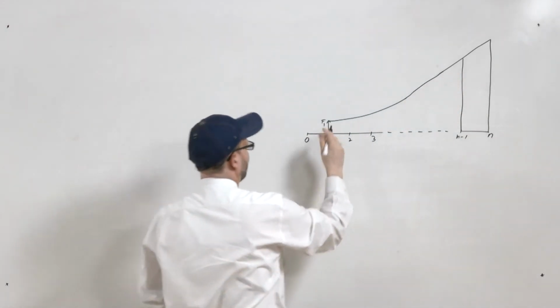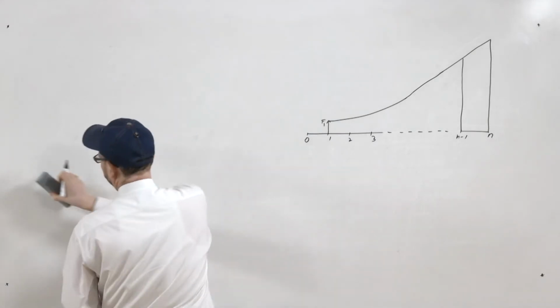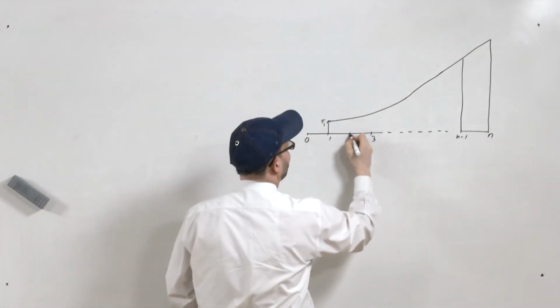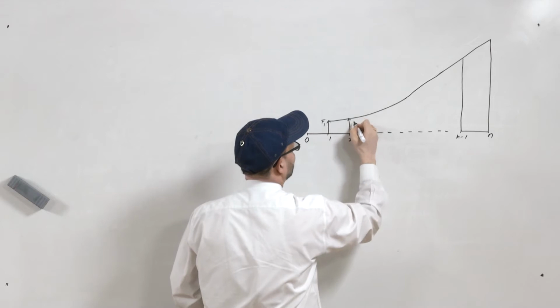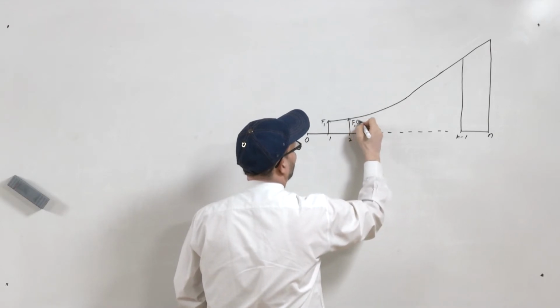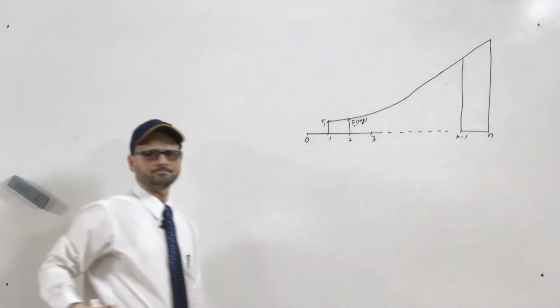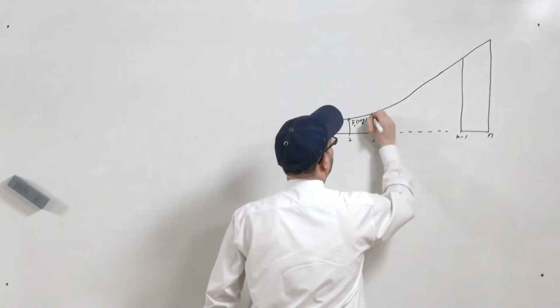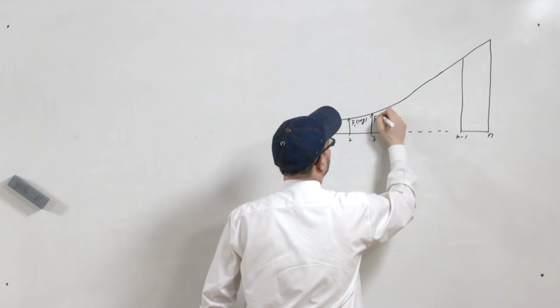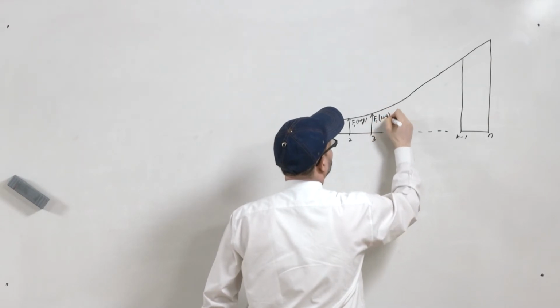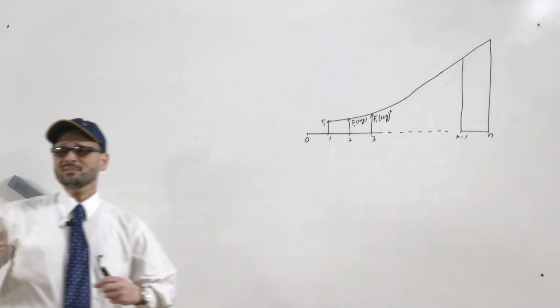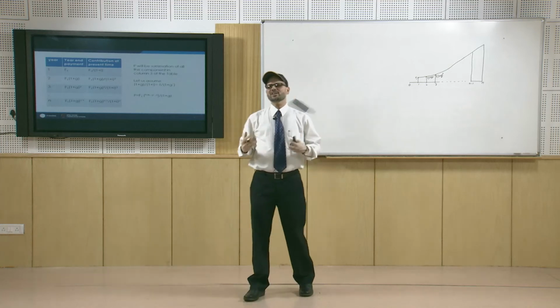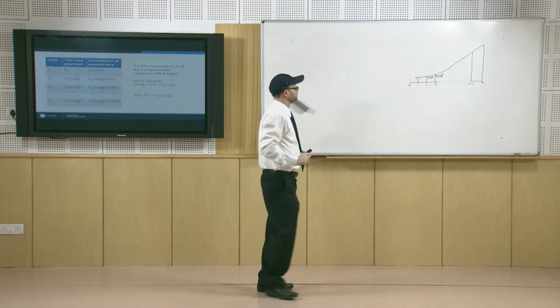So, if it is F1 in the first year, in the second year this comes as F1 into 1 plus G. In the third year it becomes F1 into 1 plus G raised to the power 2, because G percentage is the increase every year end.